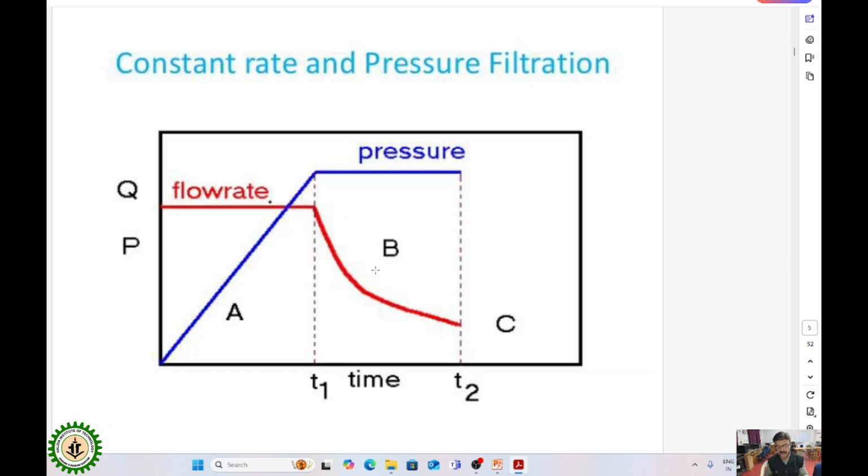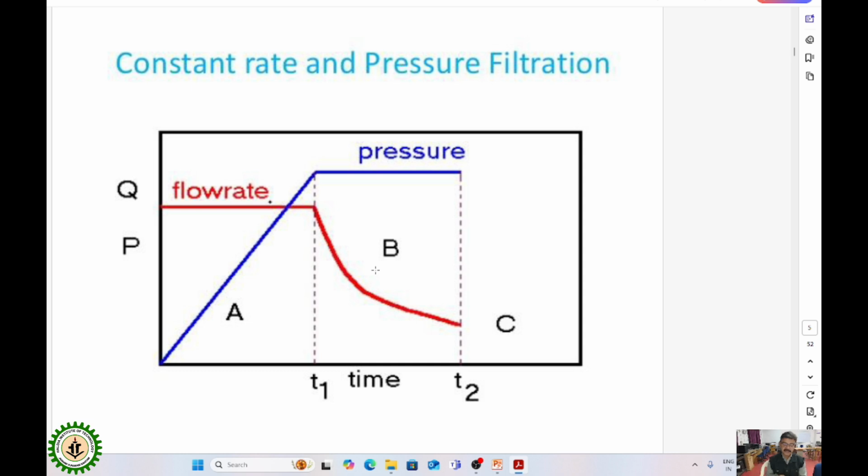So the filtration process can be explained in two ways, either constant rate filtration or constant pressure filtration, because you see, the pressure gradient across the filtering media is actually the driving force for the filtration process.